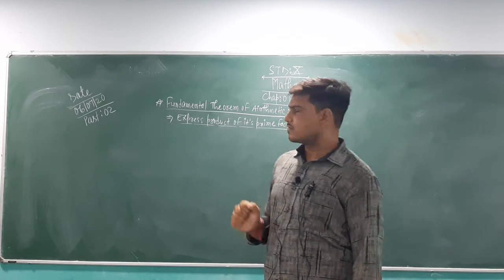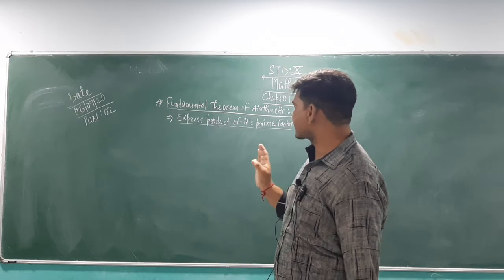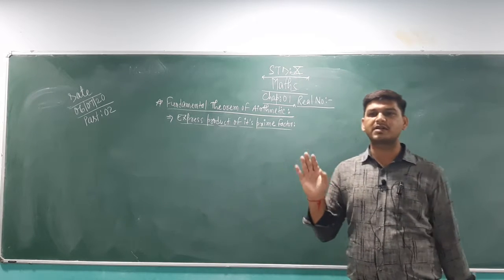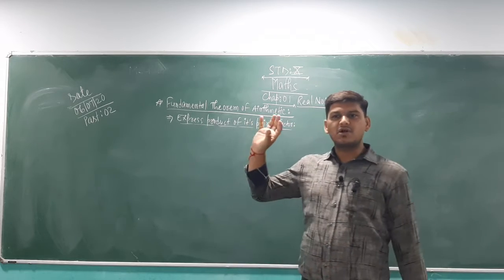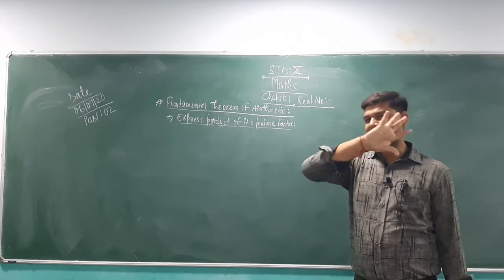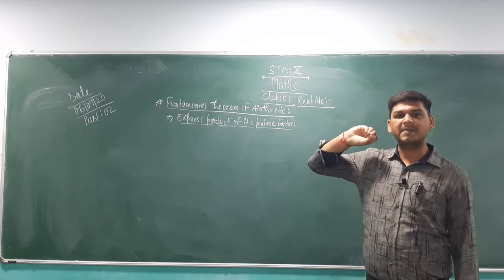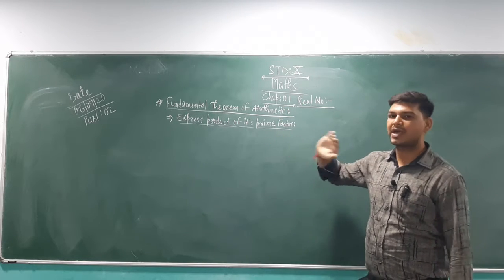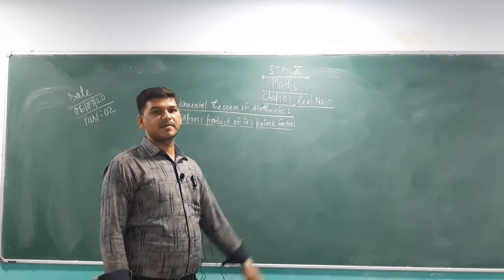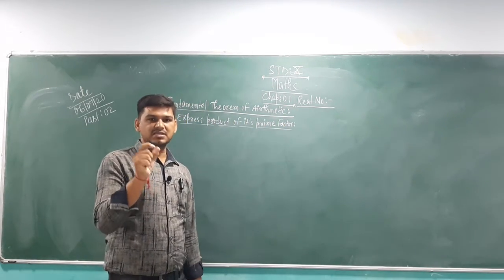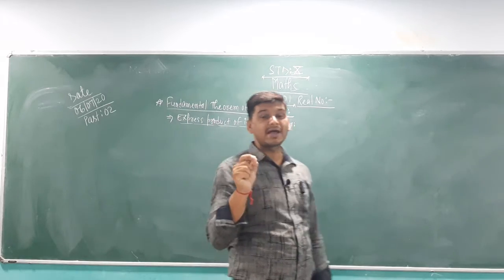Now today we are discussing a new topic, that is called expressing a number as a product of its prime factors. That is generally called the fundamental theorem of arithmetic. By using this theorem, we express a number as a product of prime factors.